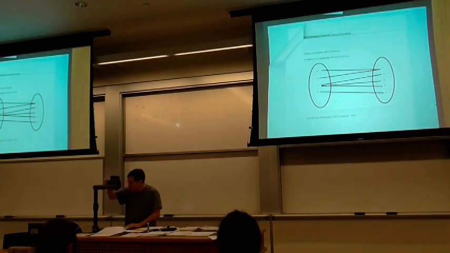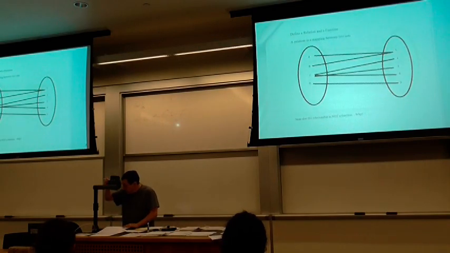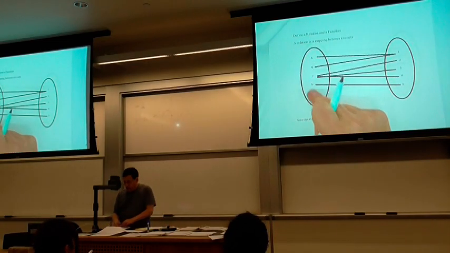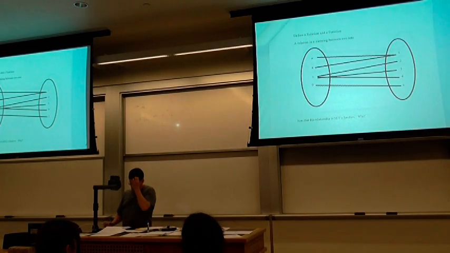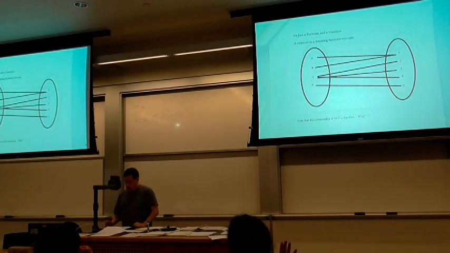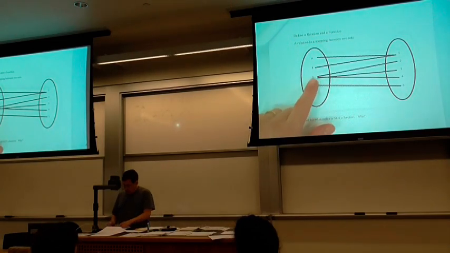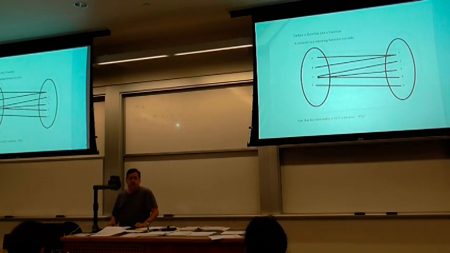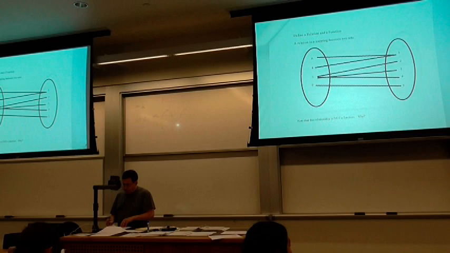Here's my picture of a relation. So this is not a function either. This is a relation between a set of letters and a set of numbers, but it's not a function. Why is it not a function? Because z goes with 2, 3, 4. There's no real horizontal line test here, but that's the problem.